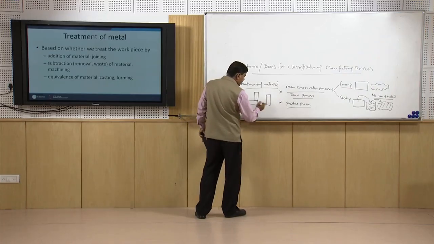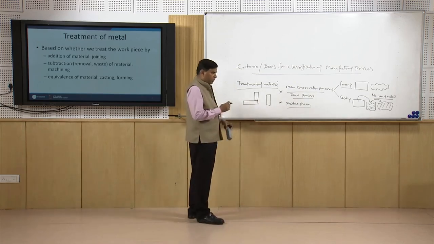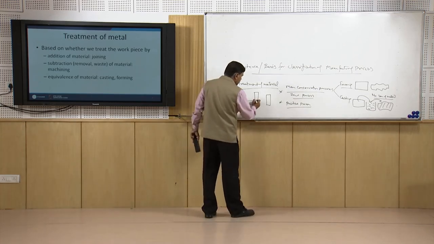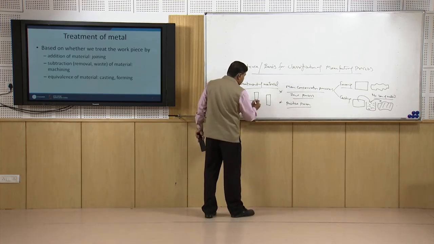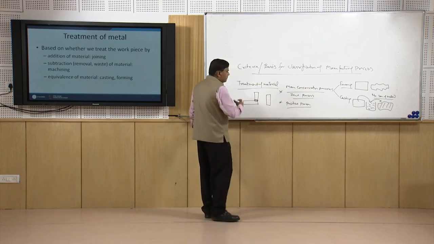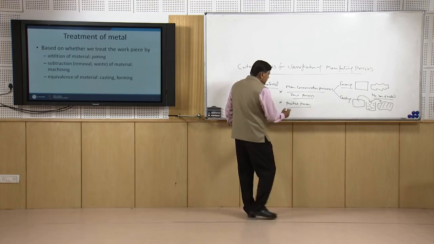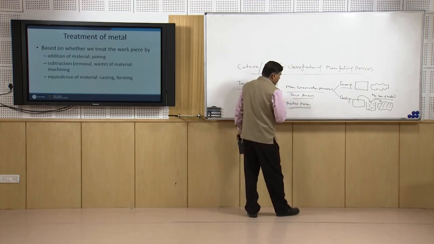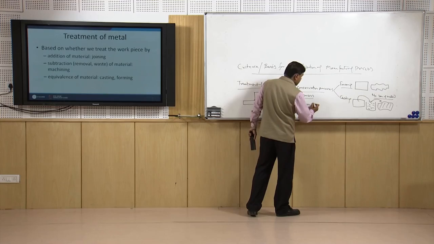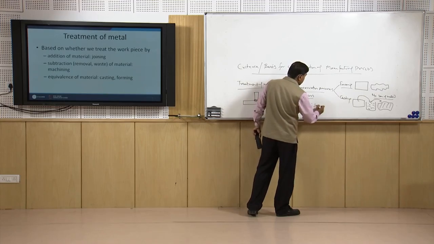Since the two members are brought together and then the metallic continuity or the joint is achieved between the two in order to get the desired size and shape, this kind of process is known as the positive process, and under this category we basically have joining.